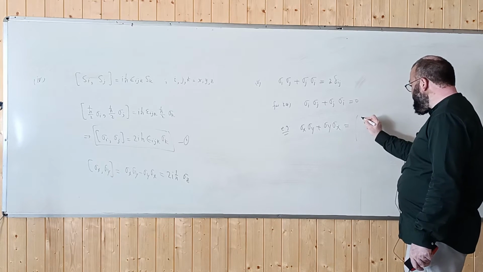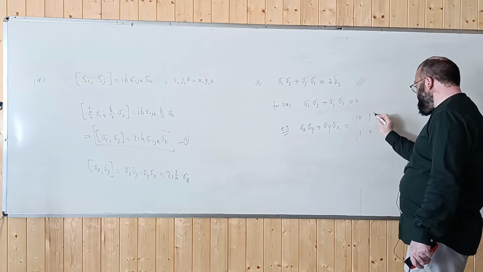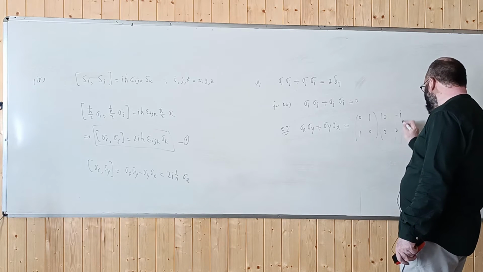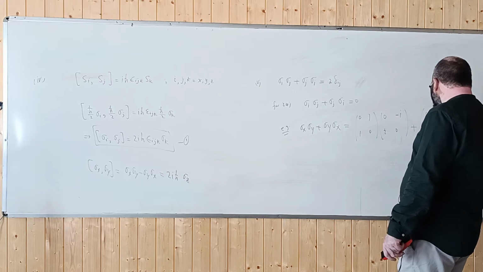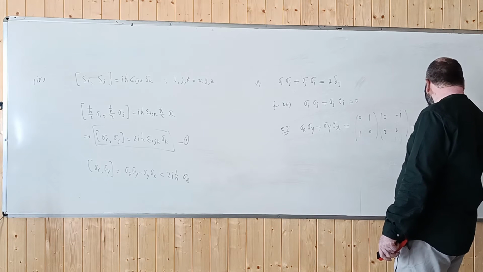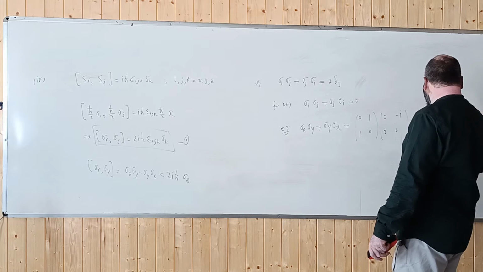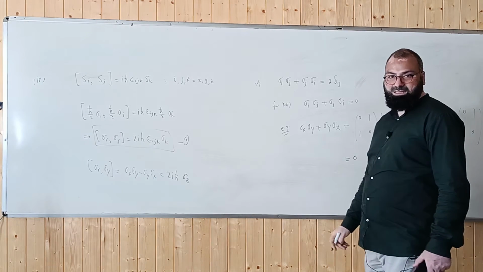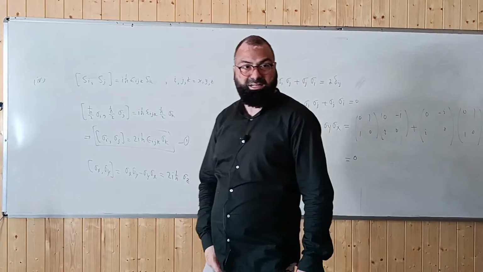So what is sigma x? 0, 1, 1, 0. What is sigma y? 0, minus i, i, 0. So then you are having plus, the other order: 0, minus i, i, 0 then 0, 1, 1, 0. You calculate these products, you will get what? 0. So it means sigma x, sigma y anti-commute.